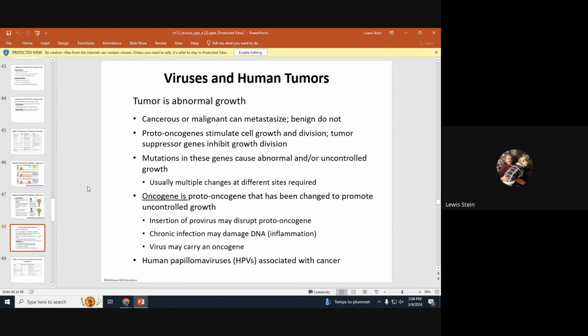Think of them as the accelerator in your car. Normally it works just fine, but when those mutations occur, it's like the accelerator got stuck to the floor. Your car is racing. That means your cell cycle is racing. You're making a lot of mistakes. Sooner or later, bad things come.